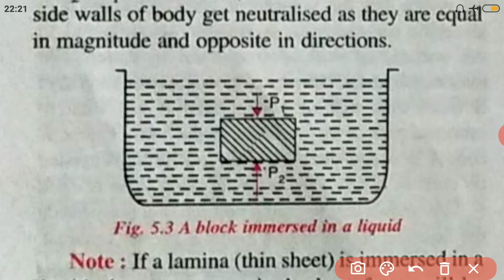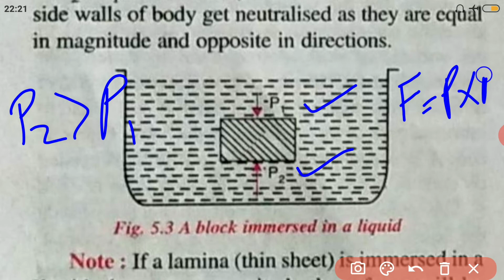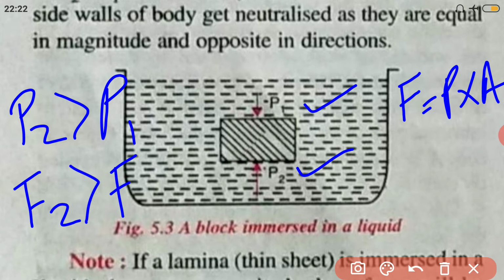As you can see, the upper face is facing a pressure of P1, and the lower one is facing a pressure of P2, and we have already proved that P2 is more than P1. As you all know, force equals pressure multiplied by area, so the force on the lower face should be more than the force on the upper face. This P1 is created because of force F1, and this P2 is created because of force F2.